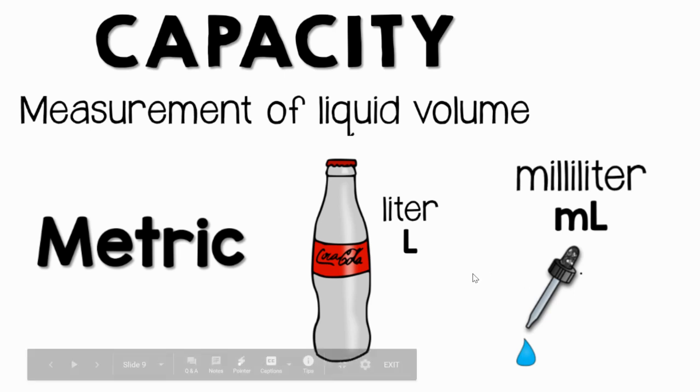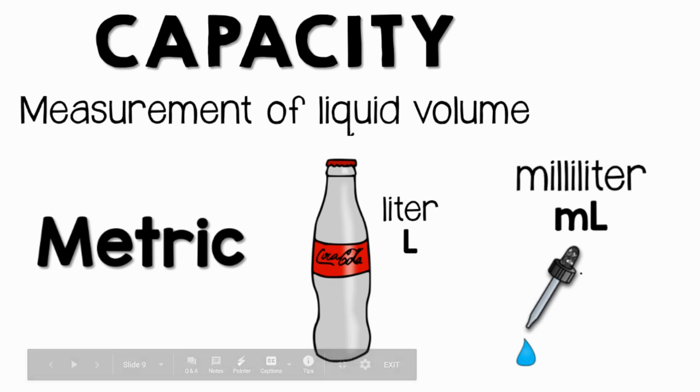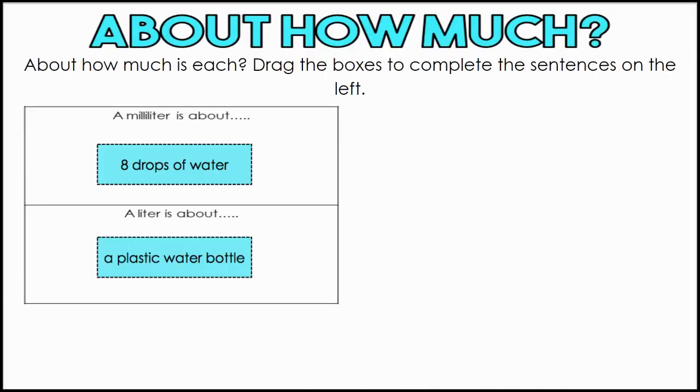A liter would be like a glass bottle of Coca-Cola, and a milliliter would be a droplet from a dropper of water. So a milliliter is about 8 drops of water, and a liter is about a plastic water bottle.